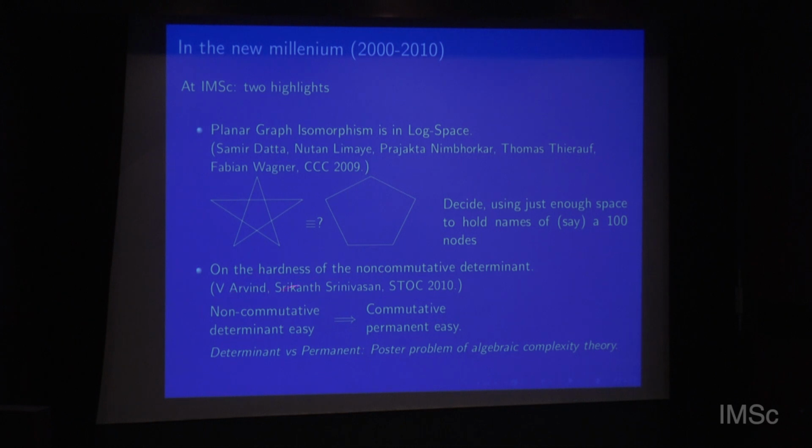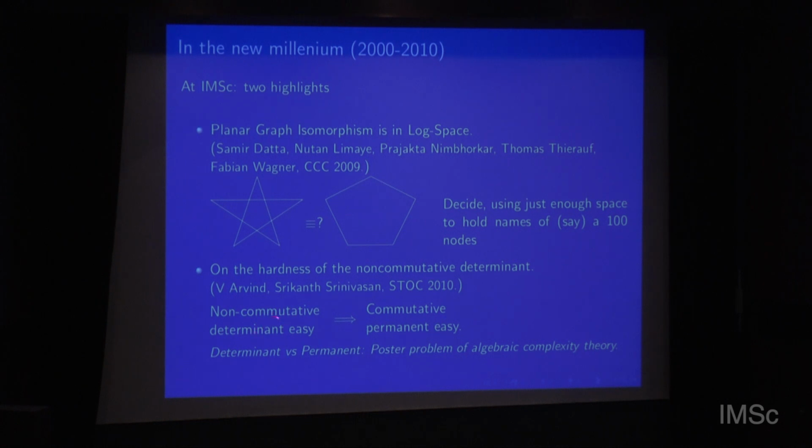Another very interesting result which came out towards the end of this decade was on the hardness of the non-commutative determinant. So what this result showed was that the determinant we know is easy. In fact, we have known that the determinant is easy for years and years, and as I mentioned in the previous decade, we had even come up with a new algorithm which shows why it is easy. But all those algorithms crucially use the fact that the product is commutative, xy equals yx, and then you can use that to cancel out unwanted terms.